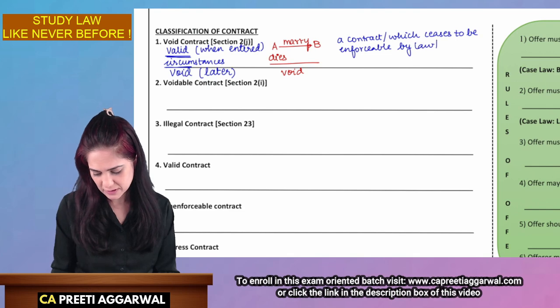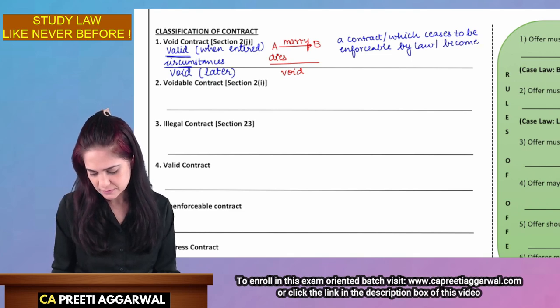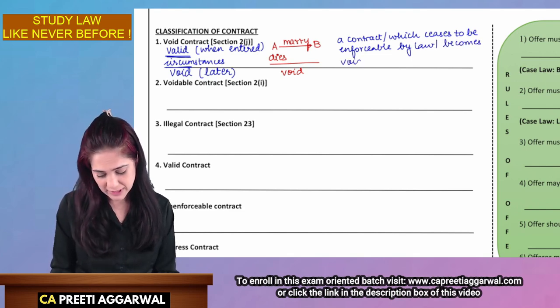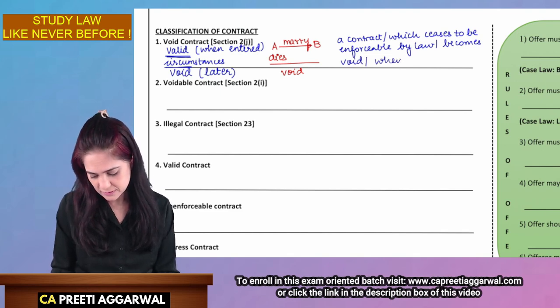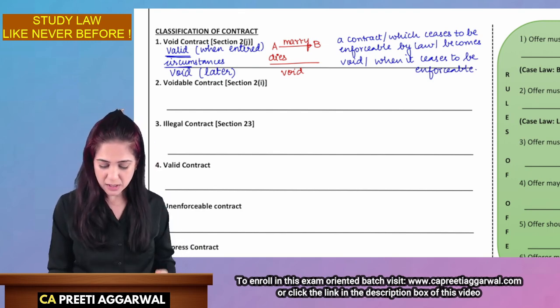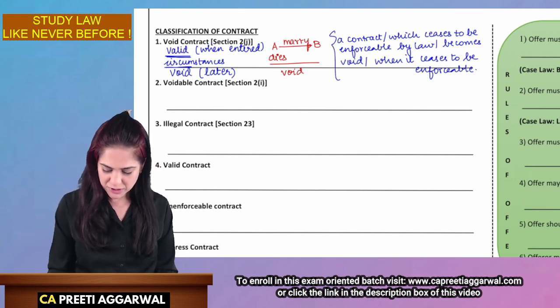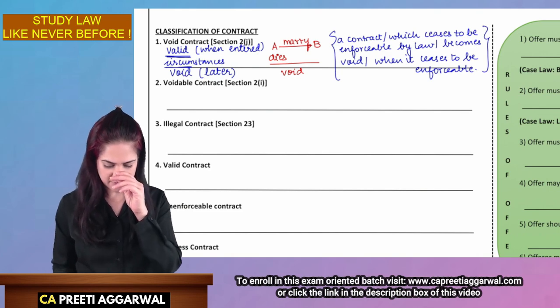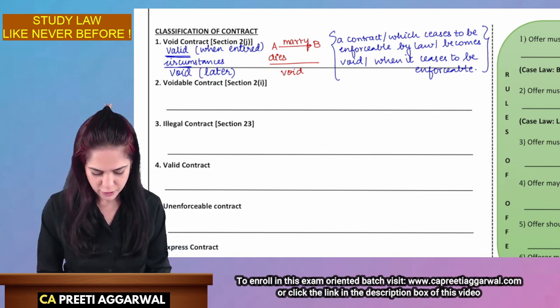What happens then? It becomes void. When does it become void? When it ceases to be enforceable. This is how we learn the definition also. A contract which ceases to be enforceable by law becomes void.